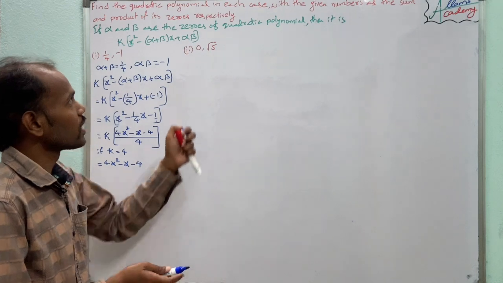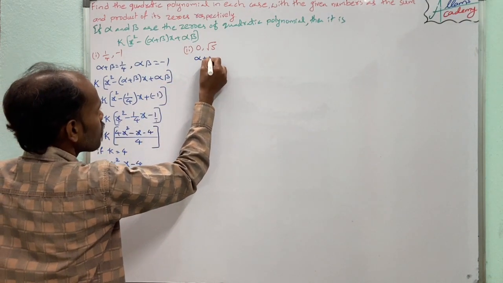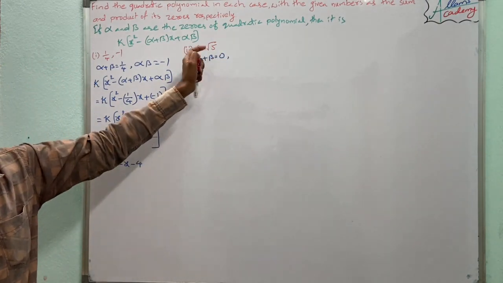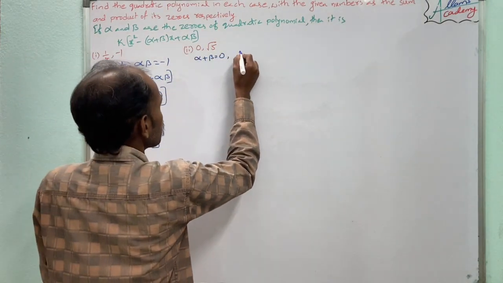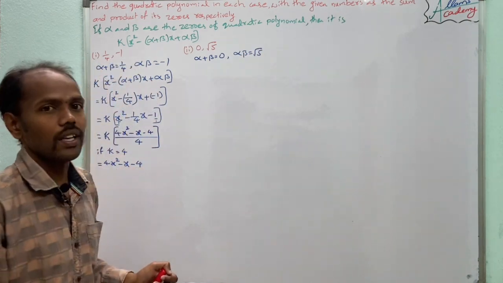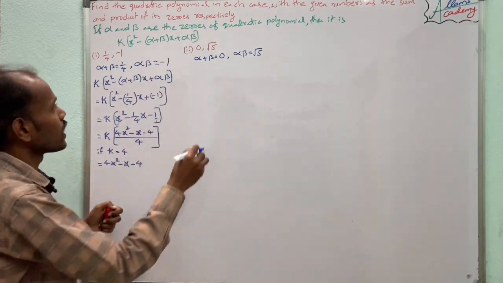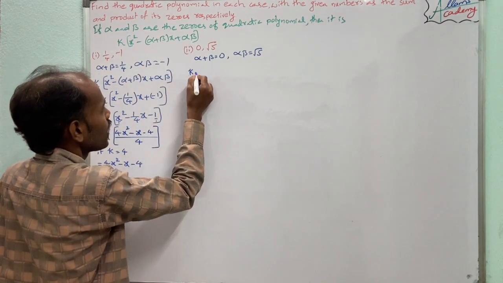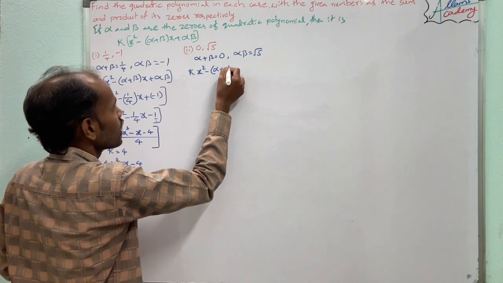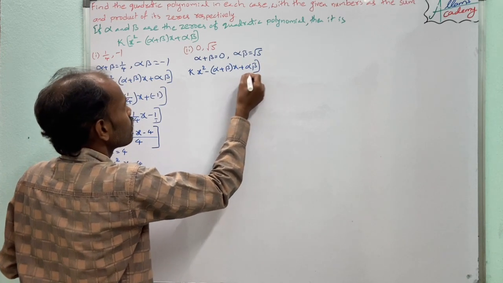And the second problem is 0 and root 5. So here the 0 indicates the sum of the zeros, alpha plus beta equal to 0, and the root 5 indicates the product of the zeros, alpha beta equal to root 5. So for the zeros alpha beta, the polynomial is k into x square minus half alpha plus beta into x plus alpha beta.